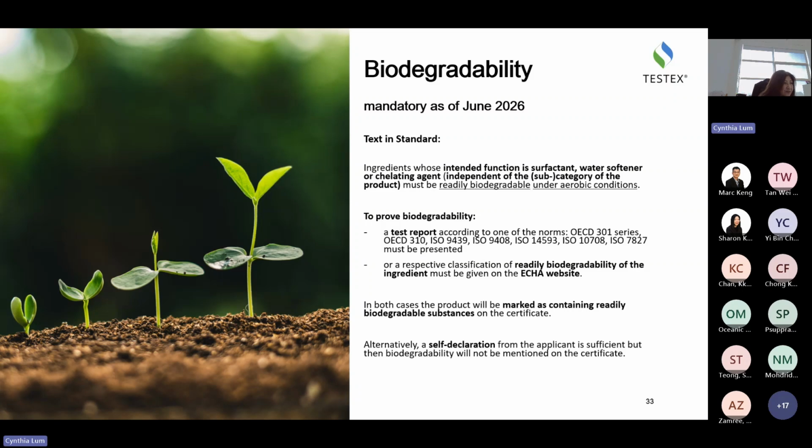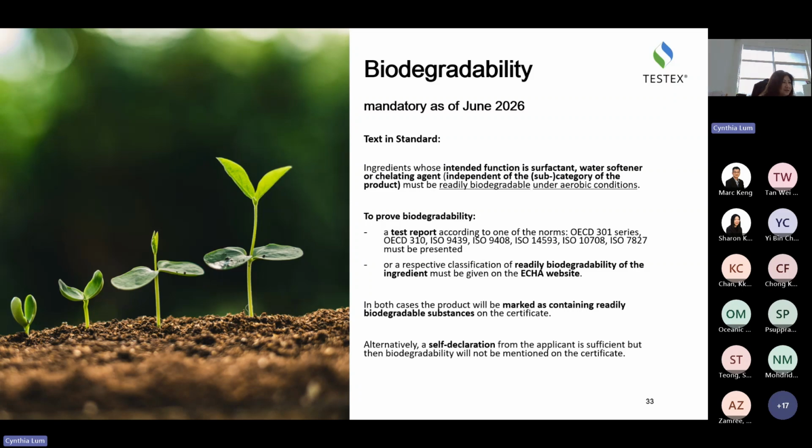Or a respective classification of readily biodegradability of the ingredient must be given on the OEKO website. So we can talk about the second requirement about the OEKO website in a short while.